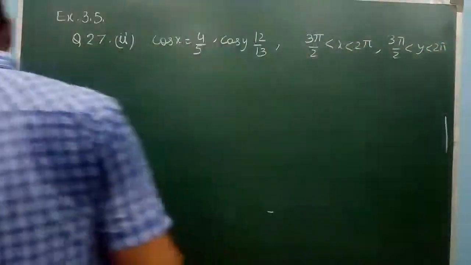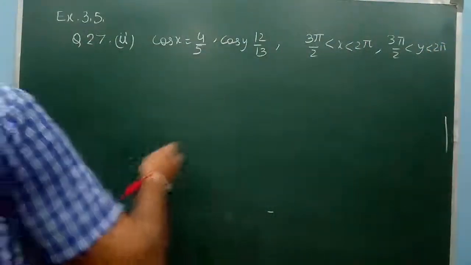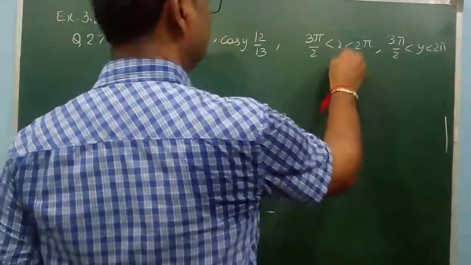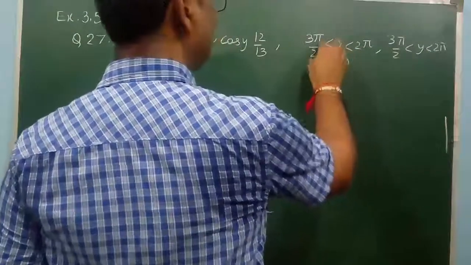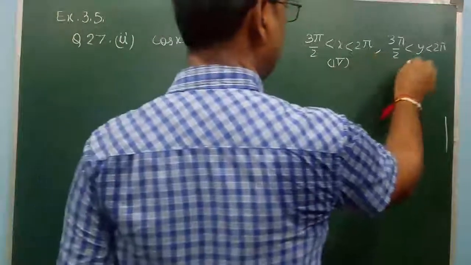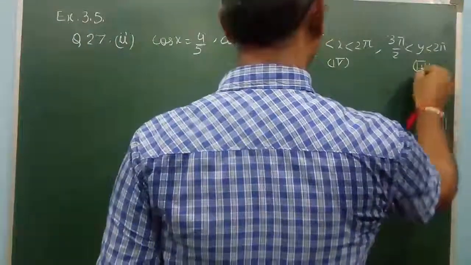So this means the angle is in which quadrant? X is in the fourth quadrant. 3 by 2 pi means 270 to 360, and y is also in the fourth quadrant.